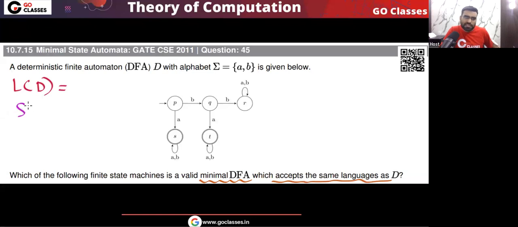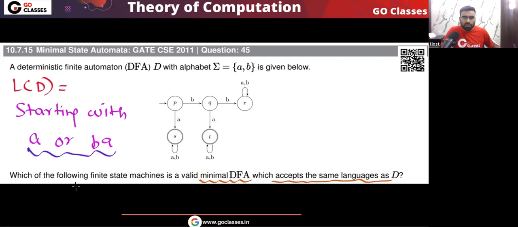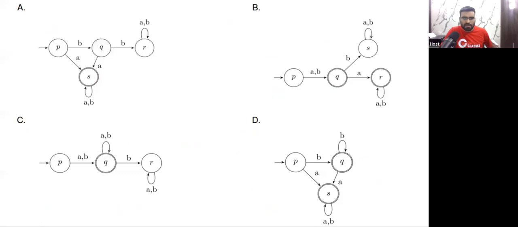So the language is starting with A or starting with BA. Now you can easily check all the options against this language, the language of the given DFA: starting with A or BA.